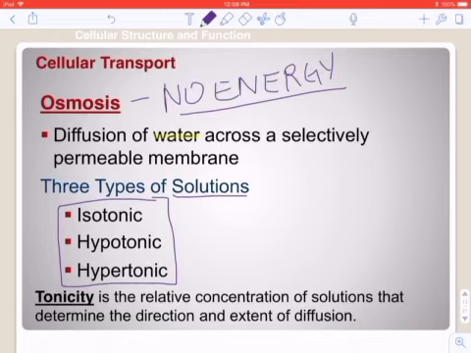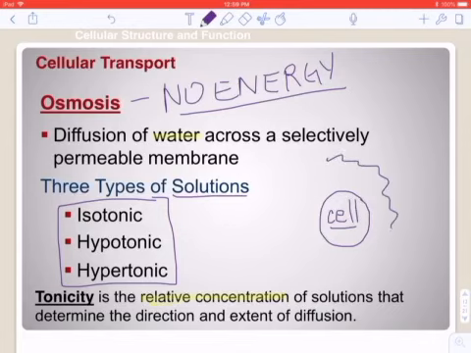And the reason why we call them tonics is because what's most important here is what we call the relative concentration. Okay, so we're going to keep coming back to this over and over again. If we talk about a cell, here's a typical cell, and we're going to talk about the concentration found inside the cell versus the concentrations found out here in the environment around the cell.